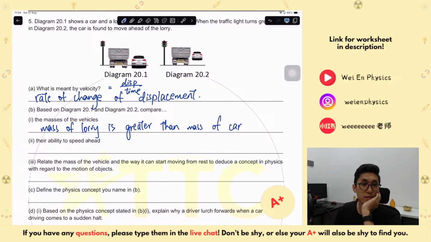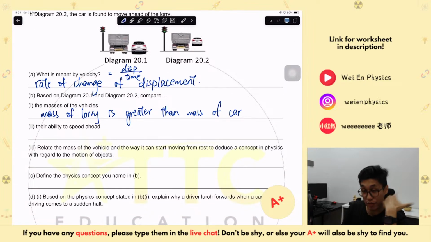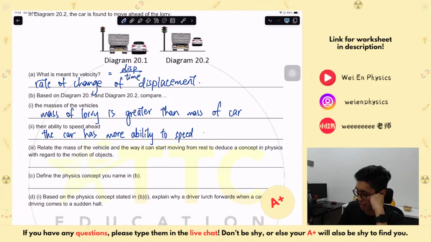Okay, mass of lorry is greater than mass of car. The ability to speed ahead, of course, the car got more ability mah. So the car has more ability or greater ability to speed ahead than the lorry.